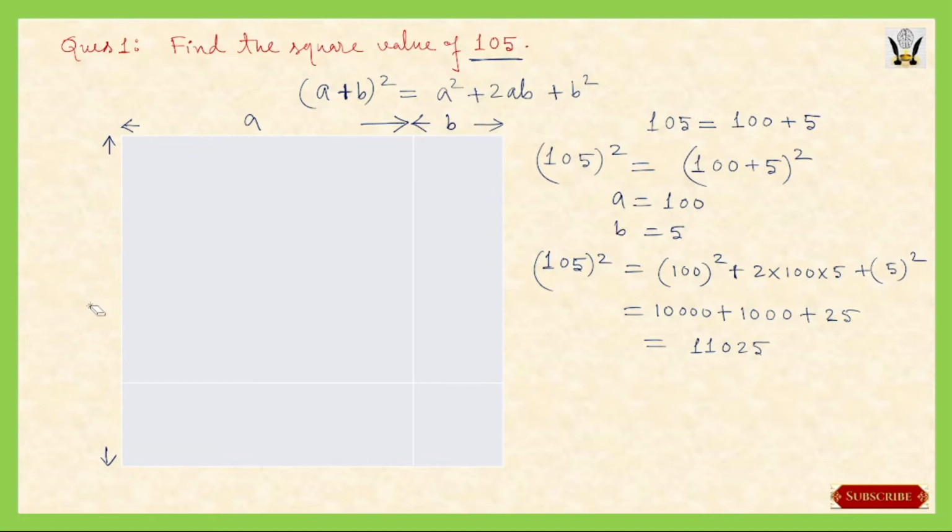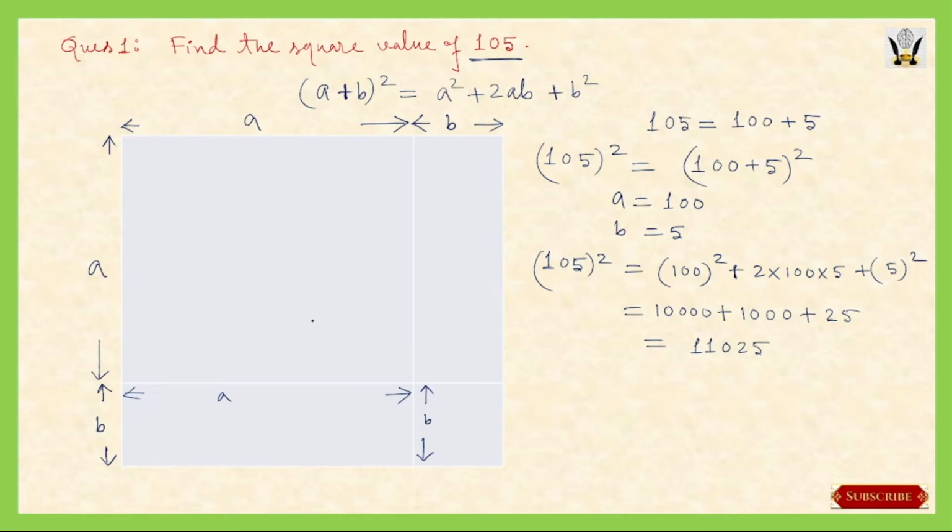On the other side also, the vertical side, from this point to this point is the measurement of a, and from this point to this point is the measurement of b. That means this side is also a from here to here, and from here to here it is also b.